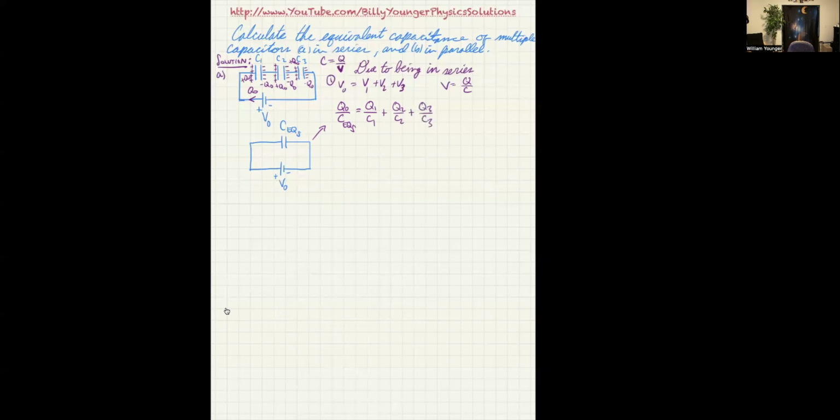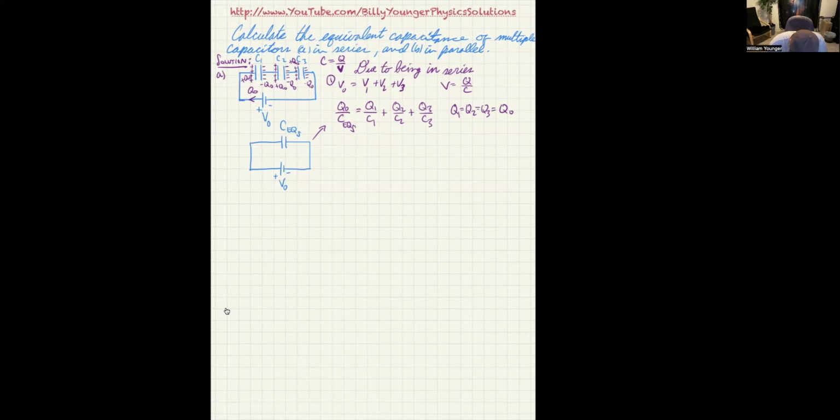But what we learned from that description of what would happen is that Q1 is equal to Q2 is equal to Q3 is equal to just Q0. Because of that, we can basically convert all of these Q's to Q0 and then divide both sides by Q0.